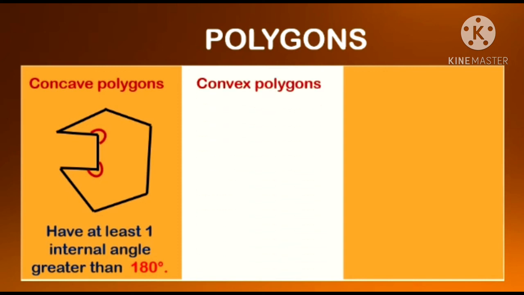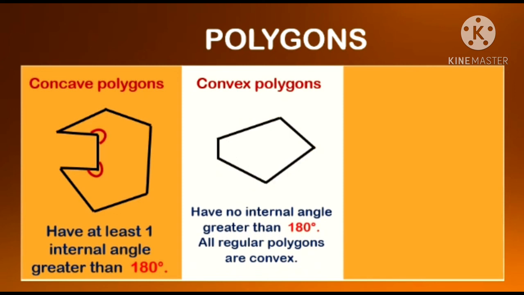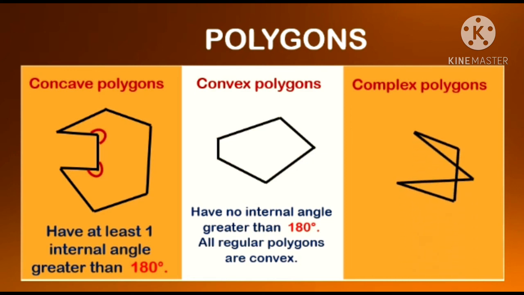Convex polygons have no internal angles greater than 180 degrees. We can say all regular polygons are convex polygons. The other one is complex polygons. Complex polygons have a line that crosses another line. Okay, hope it's clear to you.